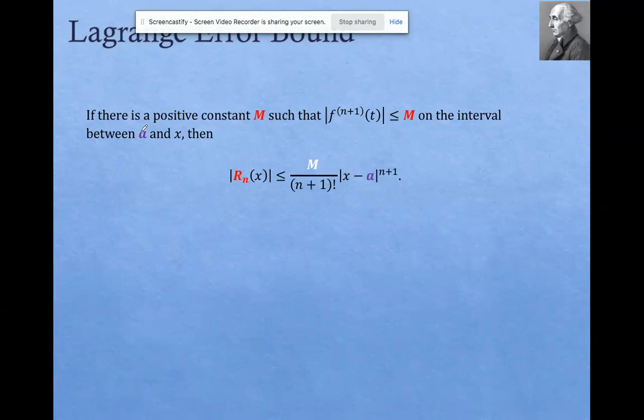If there is a positive constant M, and notice this M is red and this M is white because they're different.